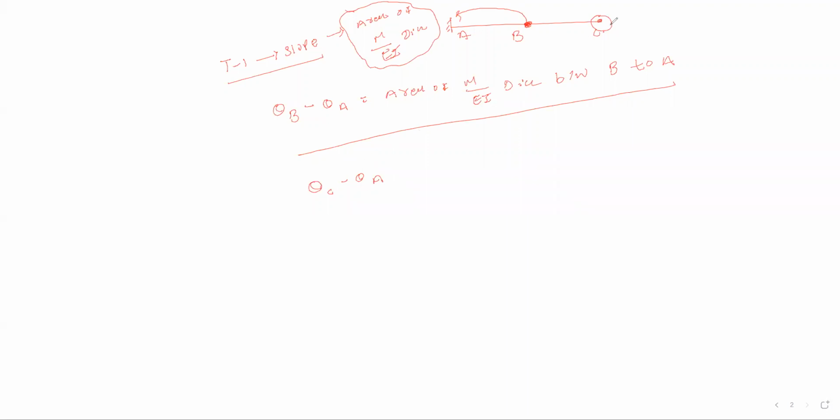So if I am interested to calculate slope at point C, as per our discussion, to calculate slope at any particular point we need to take a difference of slope of two points. The first point is the point where slope is to be calculated, that is point C. The second point is the point where the value of slope is already known.